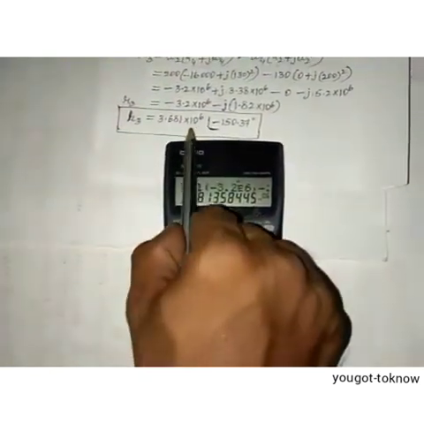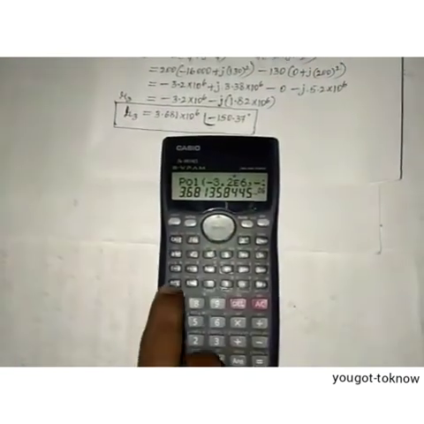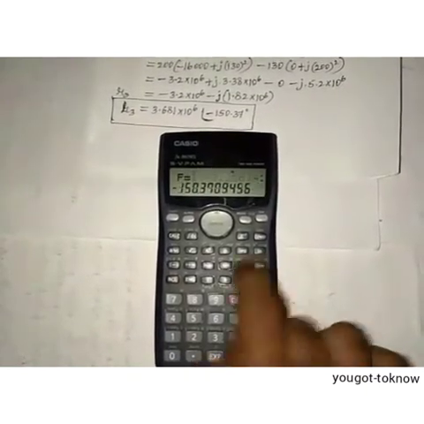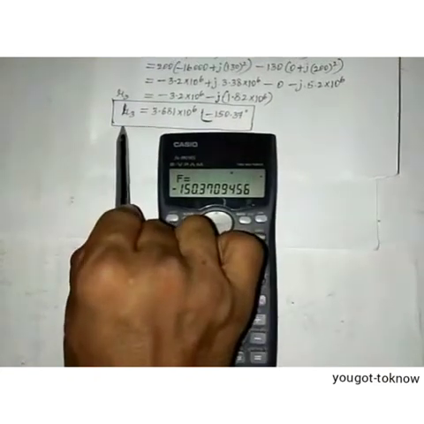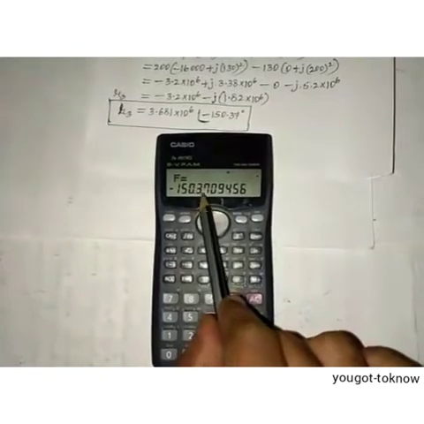Again, in order to determine the angular position of R3 with the same value, press the RCL button once, then the tan button once, then we get the angular position of R3, that is negative 150.37 degrees.